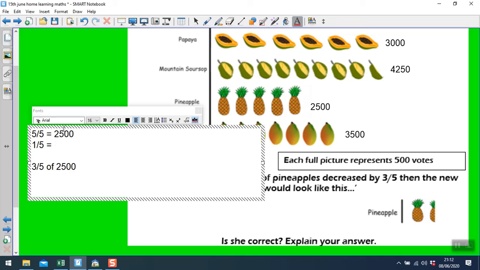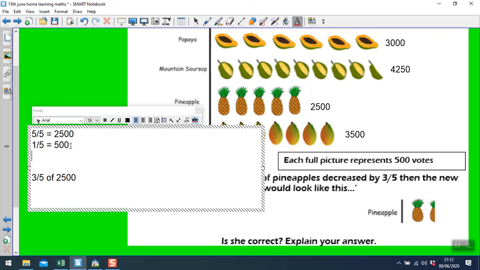And to do that, I can divide this number by 5. If I cover these two zeros and say, how many 5s go into 25? You can say 5. And we put the two zeros back on, so it's 500. So 2,500, which is all of it, divided by 5 equals 500. So 1/5 of the number of pineapples is 500 pineapples.